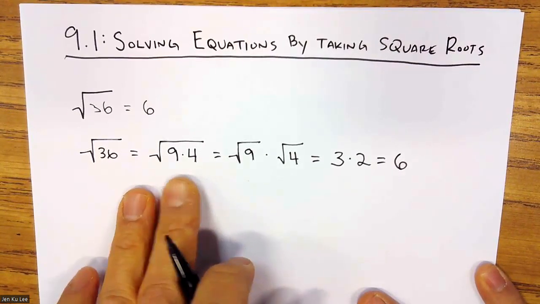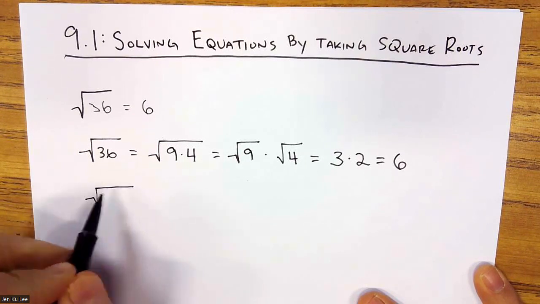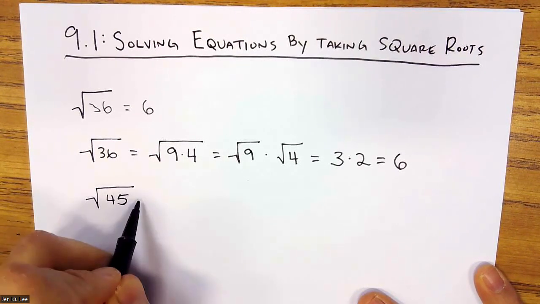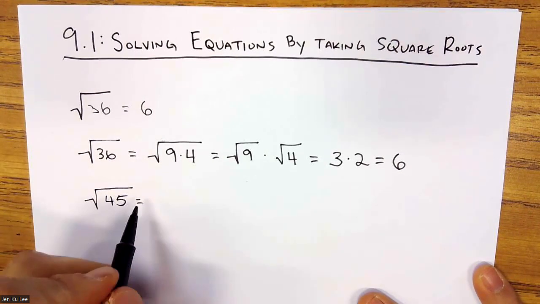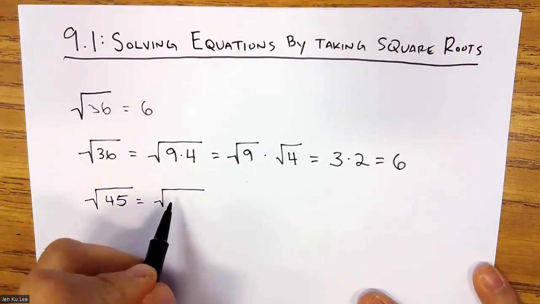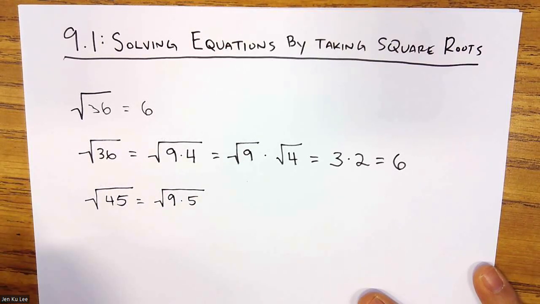I just wanted to show you guys that if I have something like square root of 45, we can simplify this by saying that 45 breaks out to be 9 times 5, right?